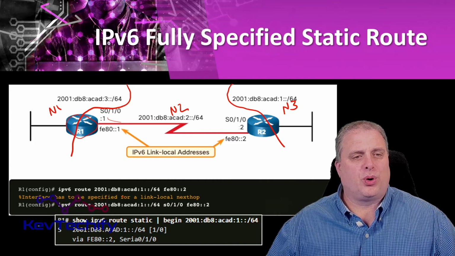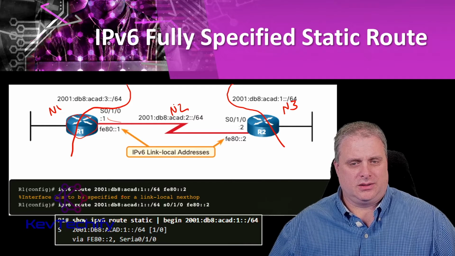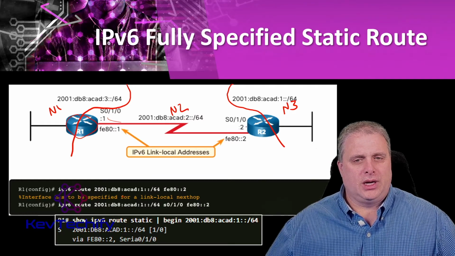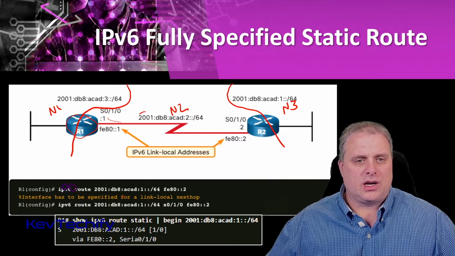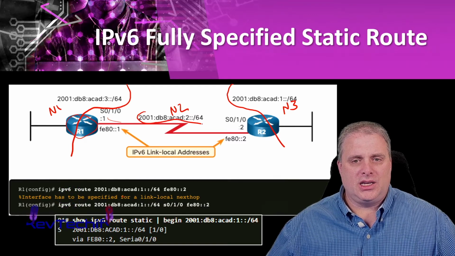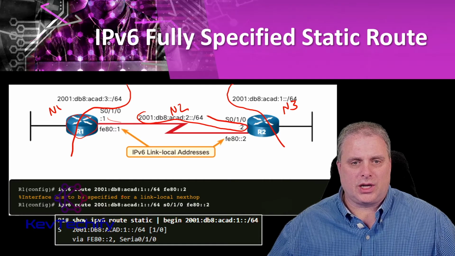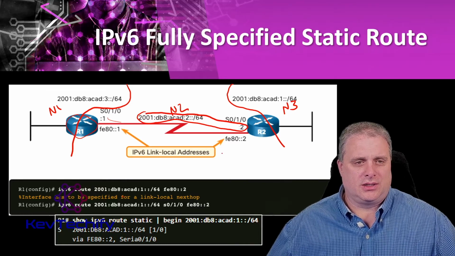So we have to point the next hop IP address to this IP version 6 address over here, 2001:DB8:ACAD:2::2/64. That would be our next hop IP address.